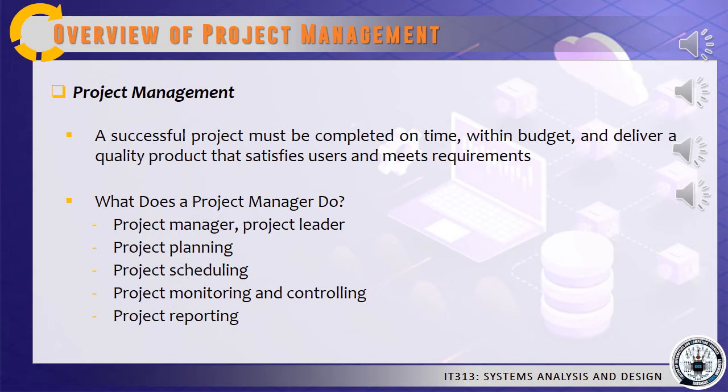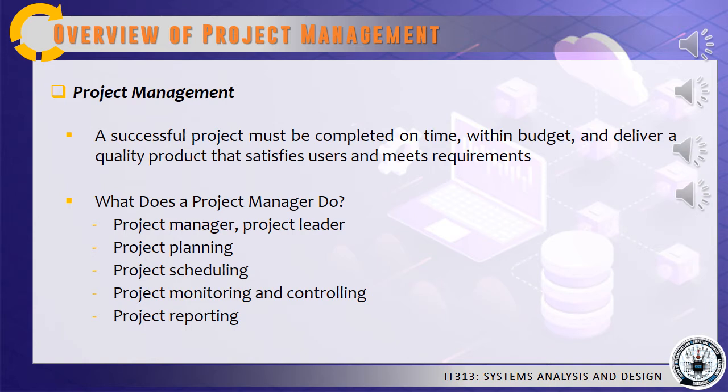Next to it is project scheduling, which involves the creation of a specific timetable, usually in the form of charts that show tasks, task dependencies, and critical tasks that might delay the project. Scheduling also involves selecting and staffing the project team and assigning specific tasks to team members.